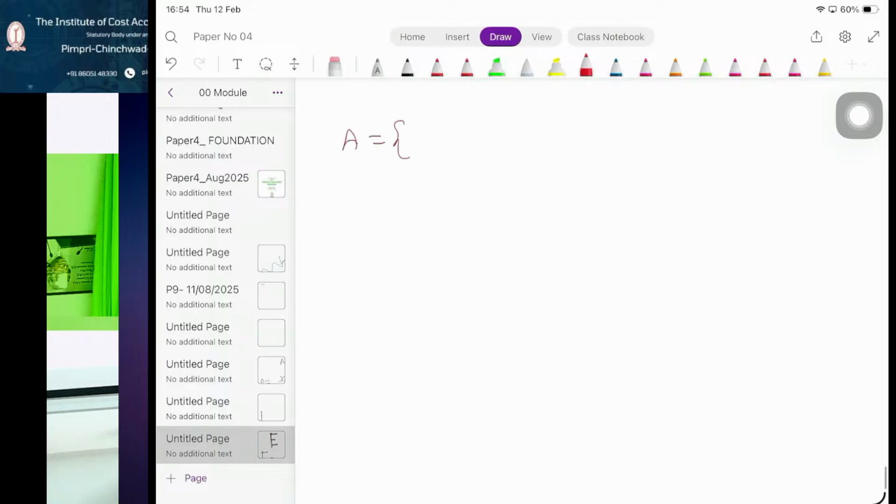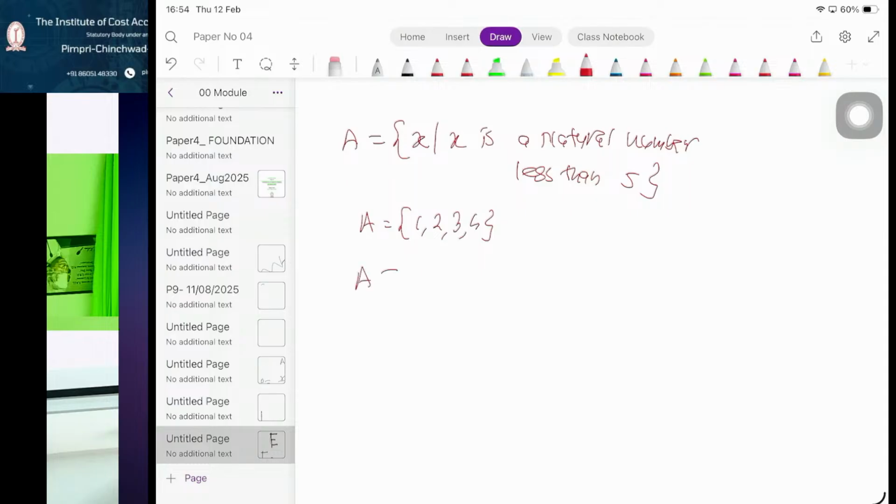A is equal to X such that X is a natural number, but that is less than 5. Then A will contain the elements 1, 2, 3 and 4. That's all. So here we can define A is a proper subset of capital N.